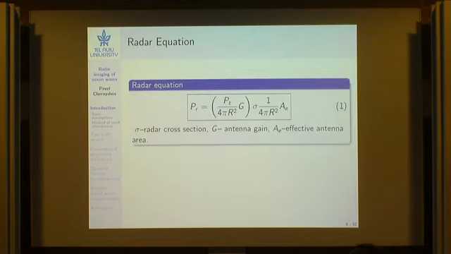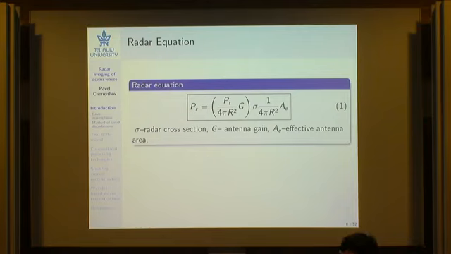The radar equation. Actually, we will see in the actual images that we have a rather strong range dependence of the backscattered intensity, and it is due to a purely electromagnetic effect called the radar equation, which connects the transmitted power and received power, the range, antenna gain, effective antenna area, and what is the most important, sigma, the radar cross section.